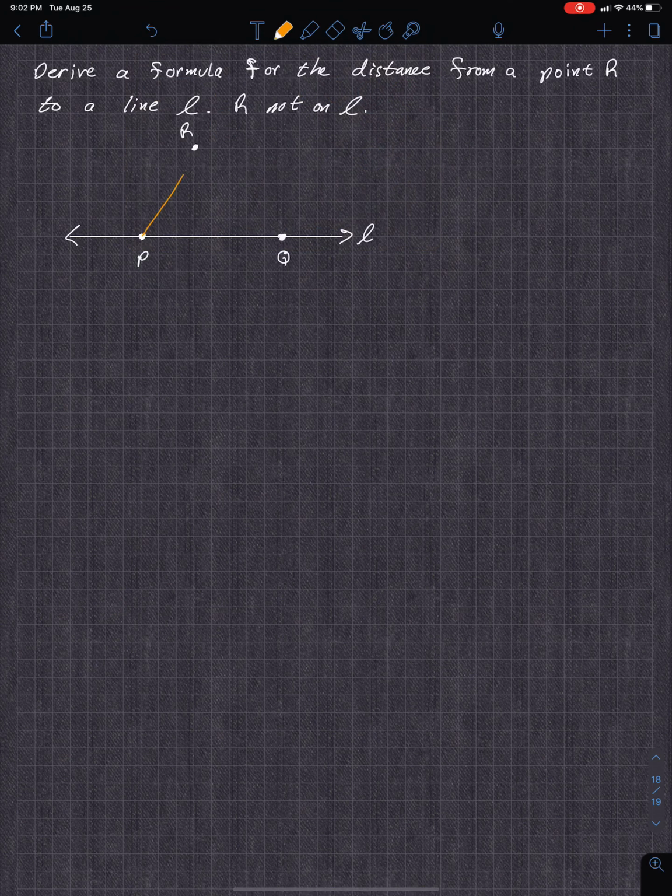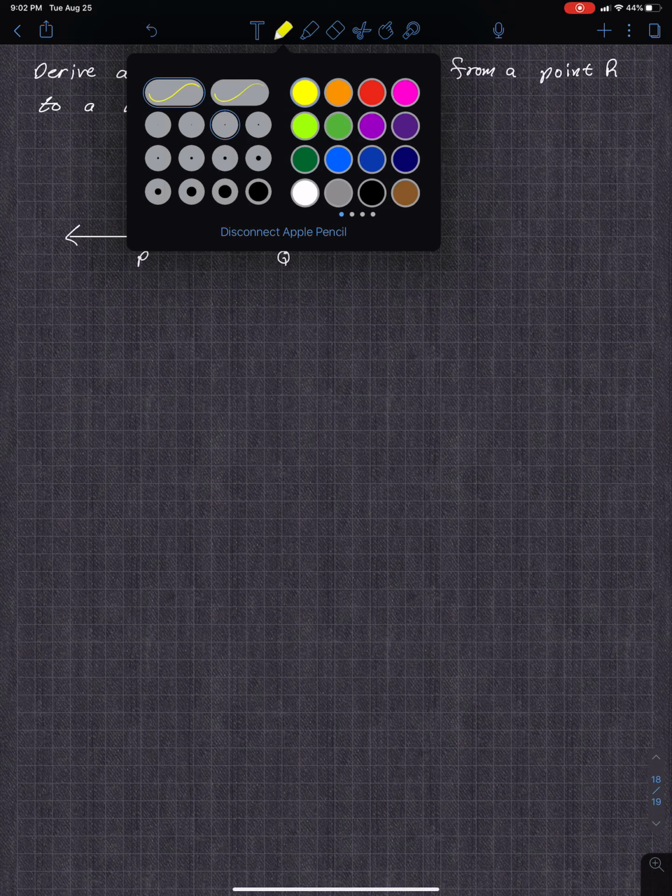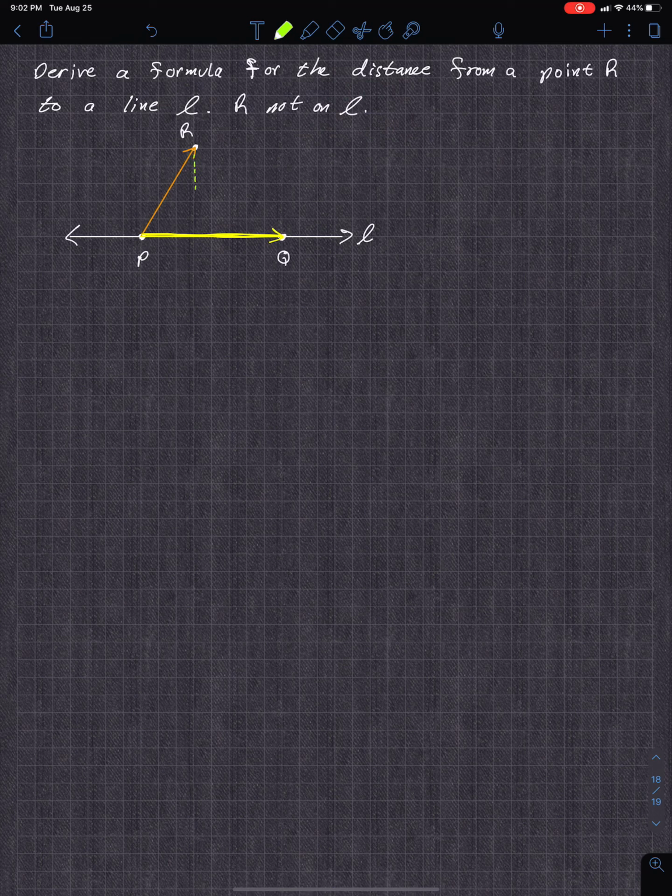We're going to construct the vector PR, like that, and we're going to construct the vector PQ, like that. And so we want to find this distance. So our goal is to find the distance from R to the line. And it's assumed to be the perpendicular distance, the shortest distance.